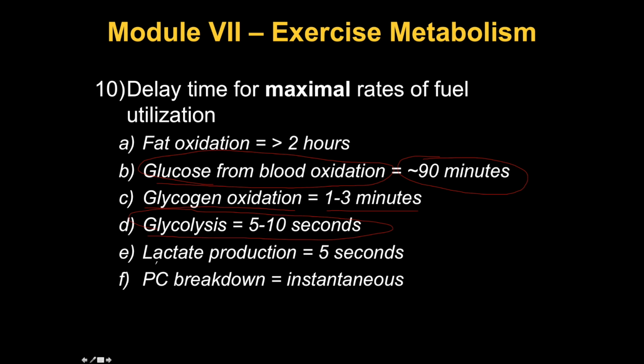Same thing with lactate production. So the minute that we start producing more levels of lactic acid, it's being converted into lactate, and that lactate shuttle is put into play so that we can recycle it and make ATP out of it. As far as phosphocreatine breakdown, that's instantaneous. That's happening the second that we have any change in the concentration of ADP and inorganic phosphate.